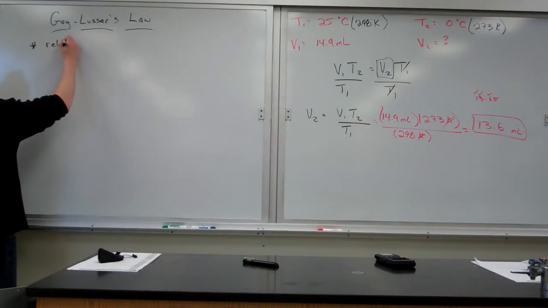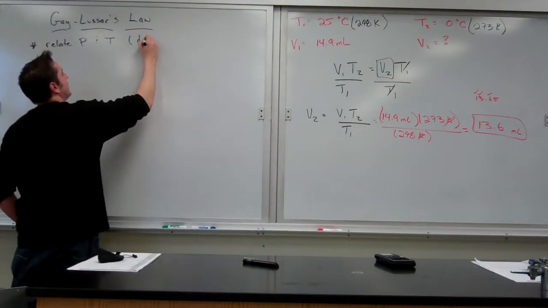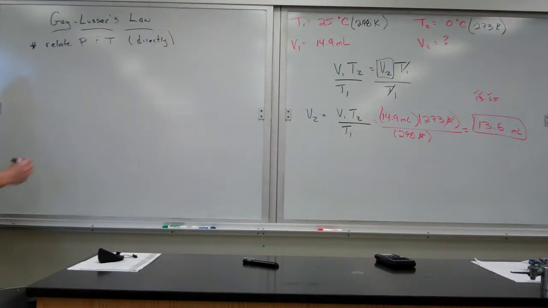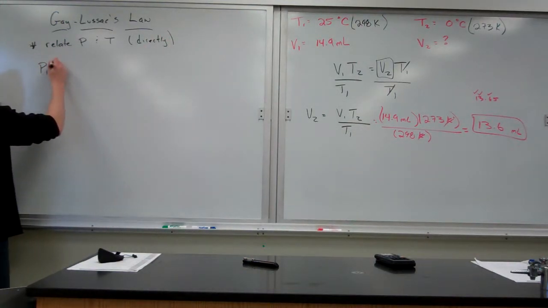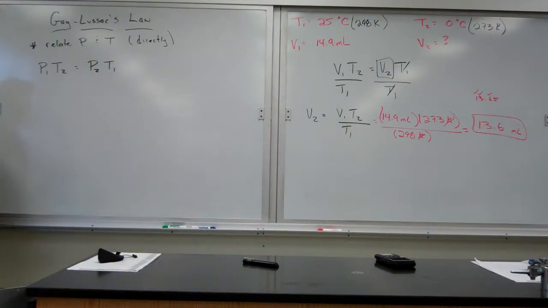It relates P and T directly. Because it's direct, that means your numbers are opposite. P1 T2 equals P2 T1. Initial pressure, final temperature, final pressure, initial temperature.